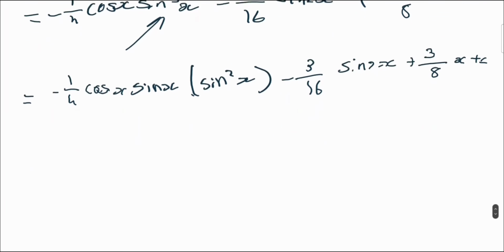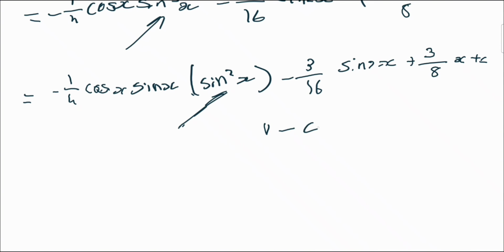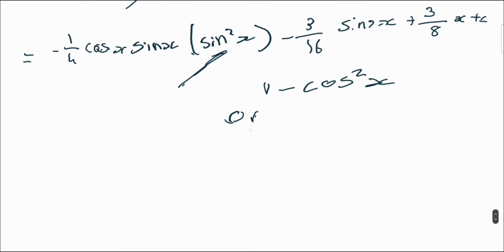Great. So we can actually rewrite this sine squared of x as 1 minus cosine squared of x. Okay? Or we could write it as 1 over 2, 1 minus cosine 2x.